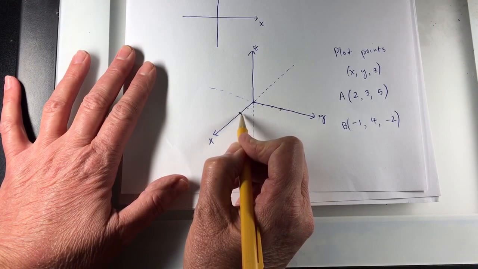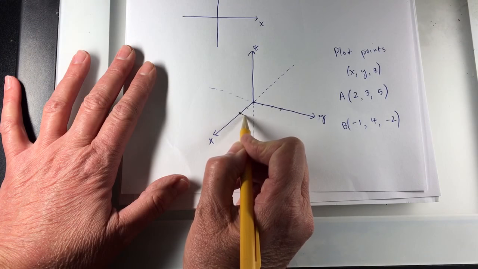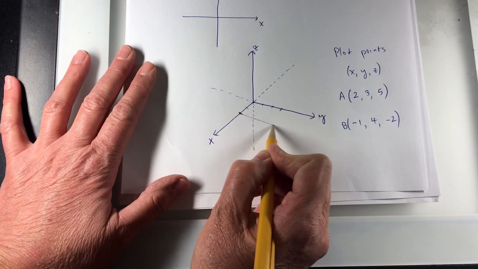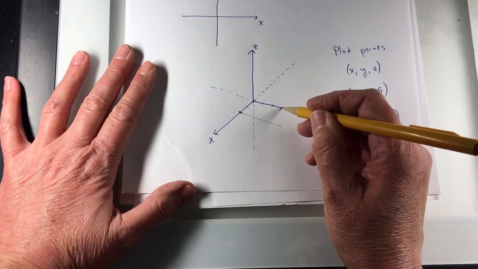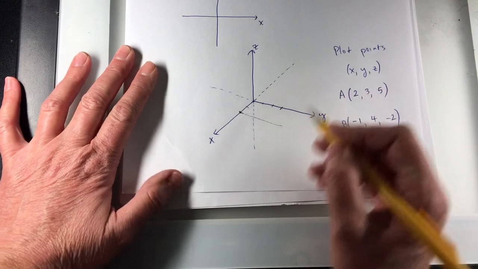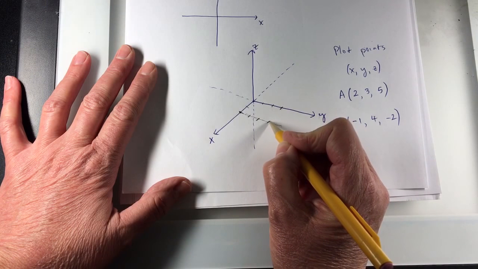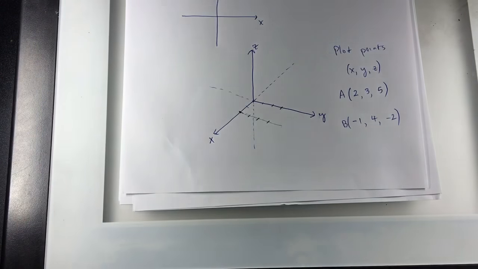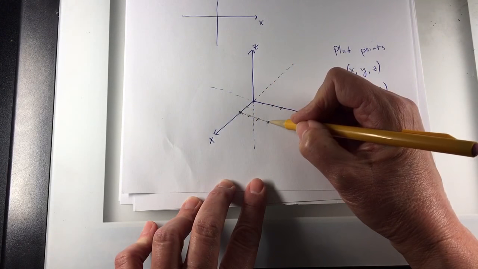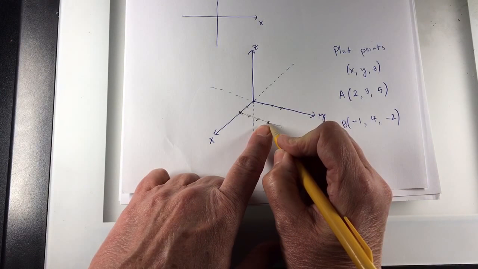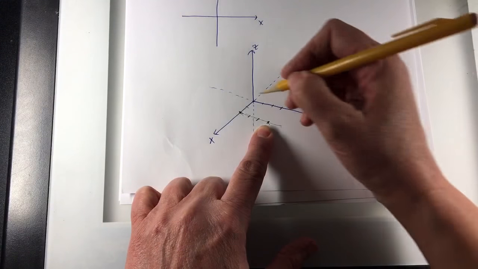Then I'm going to put in a little dotted line parallel to the y-axis. And I don't want to come straight down. I don't want to go to 3 on the y-axis and come straight down. I want to mark on this parallel line the same spacing that I have on the y-axis. So if I come here and then here, what is that point? 2, 3, 0.